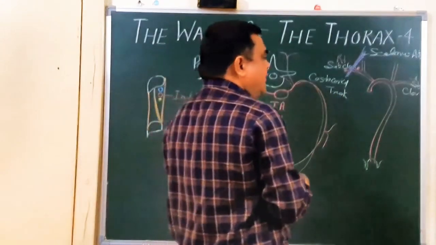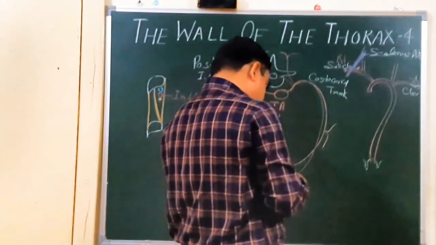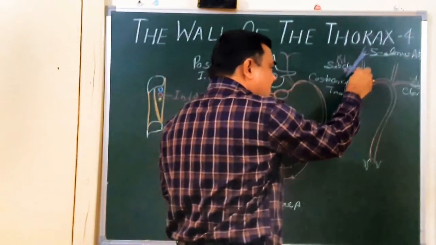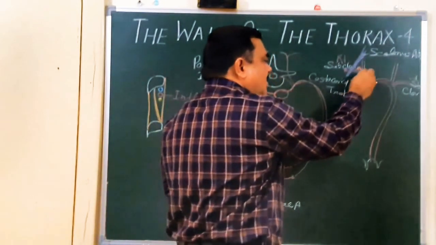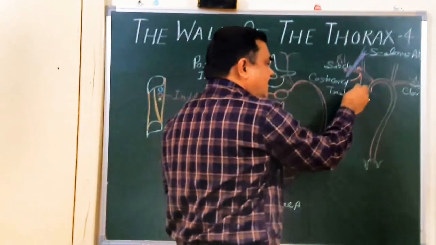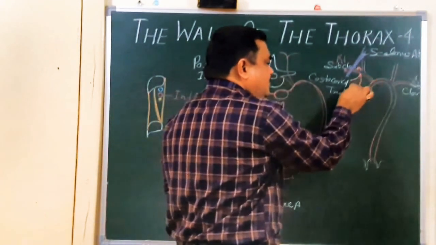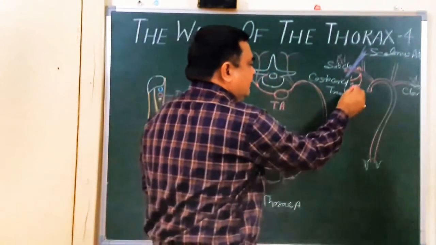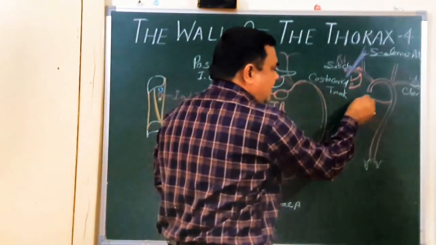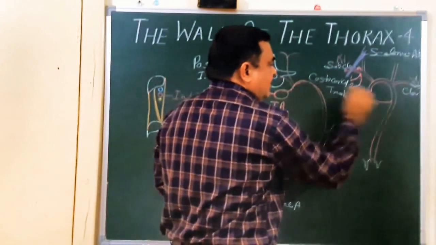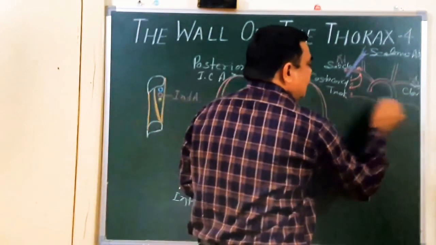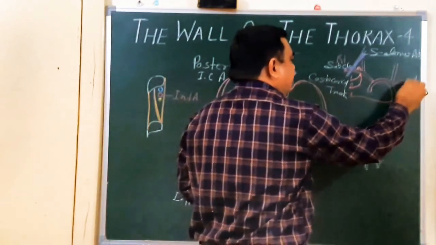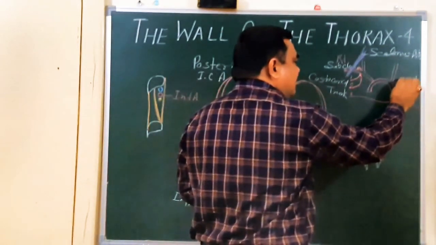This costocervical trunk again gives the superior intercostal branch, which gives the first and second posterior intercostal arteries. This is the first and this is the second posterior intercostal artery. The third posterior intercostal artery arises from the descending aorta.